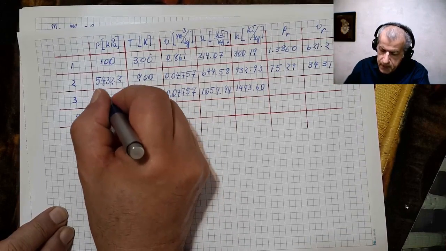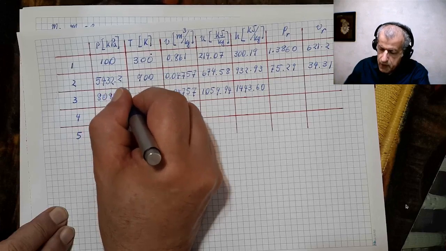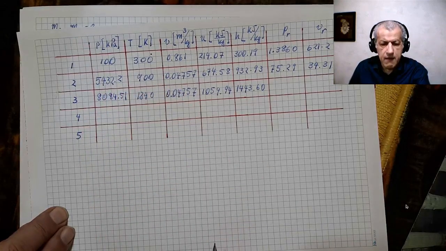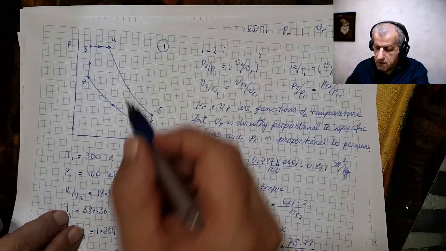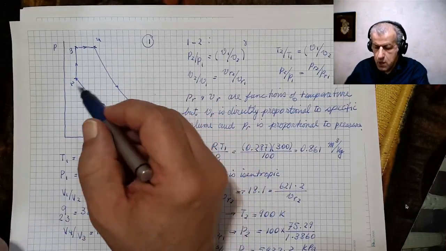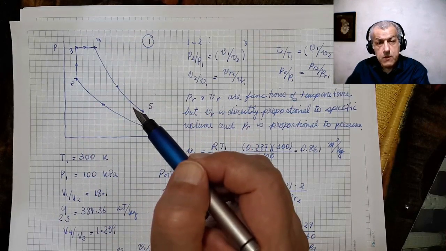It is 84.51. We have now calculated all values for points 1, 2, and 3.